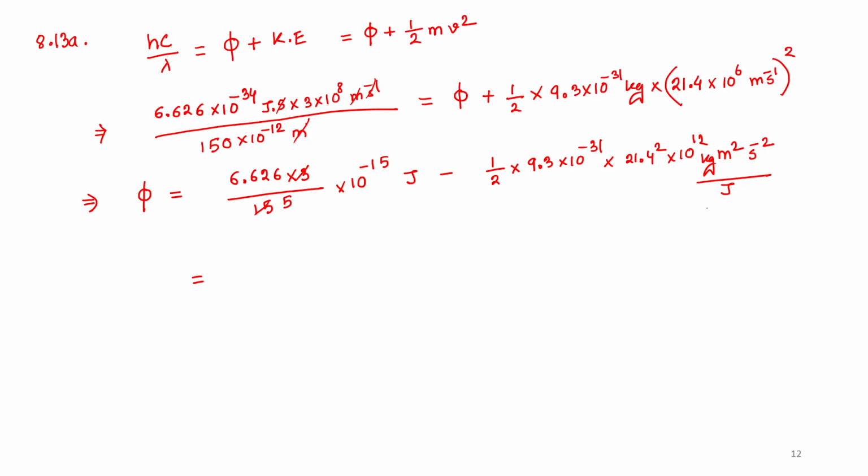So just play around with this and get the work function from it. 6.626 divided by 5, that is 1.3252 into 10 to the power minus 15. And here also it is 2, so I will calculate that. 9.3 into 21.4 square of that, into 10 to the power minus 19, divided by 2.